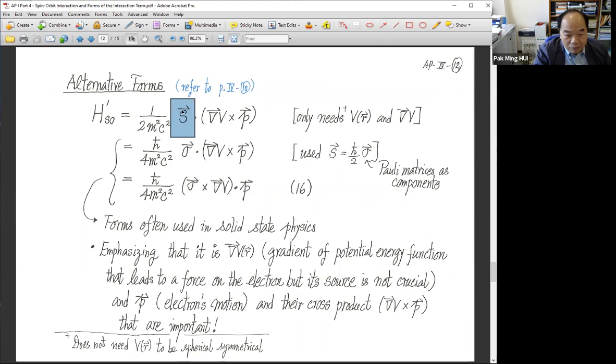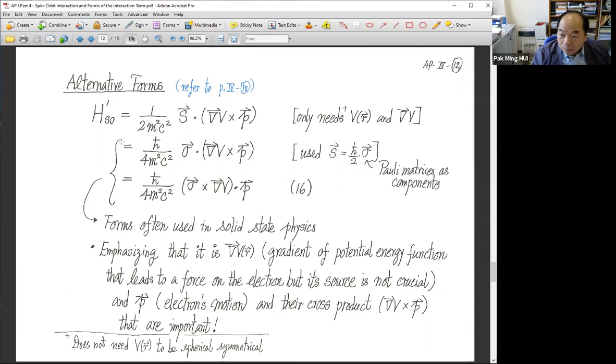So this is a very standard form for spin-orbit interaction, not saying that we need a particular V, V of r only. Okay. So here we only need the following thing. We need a potential energy landscape that is position dependent, therefore you have a gradient. Okay.